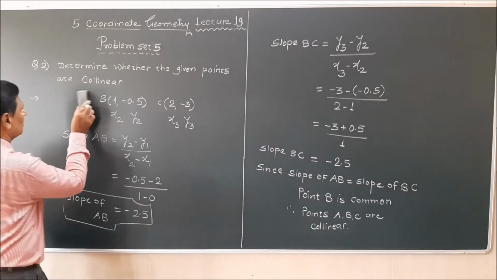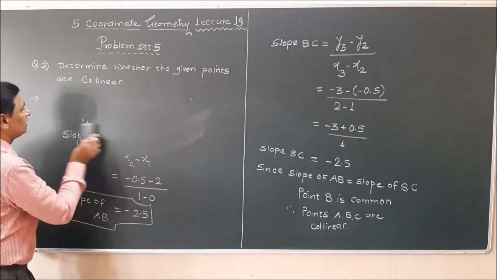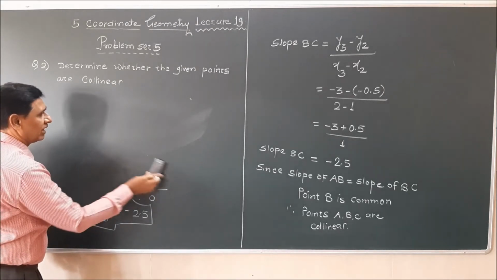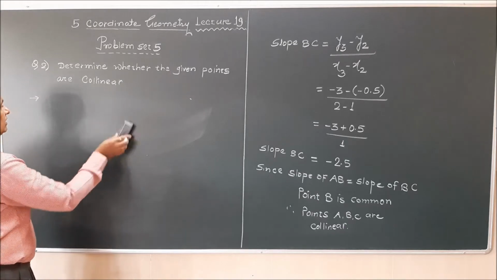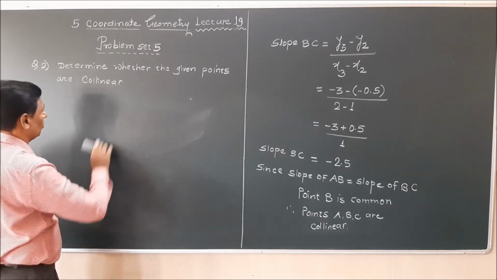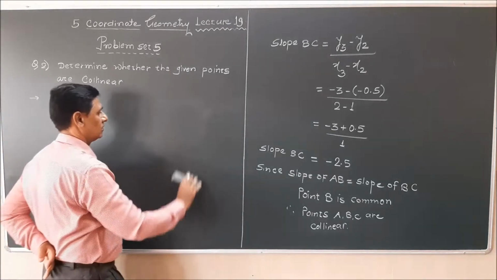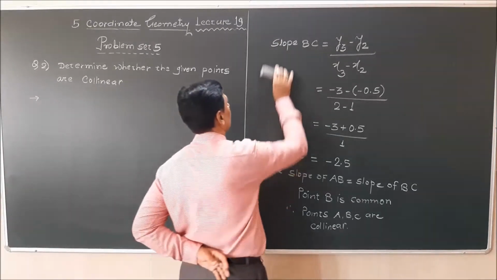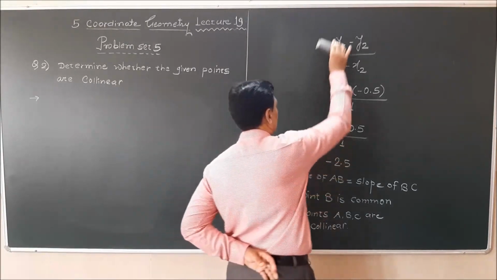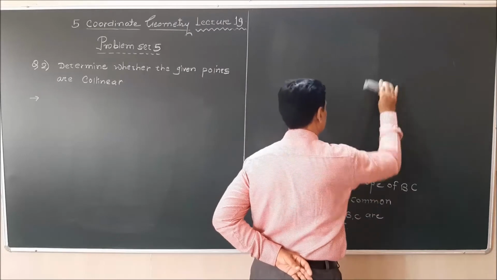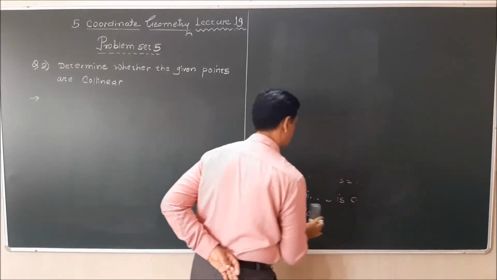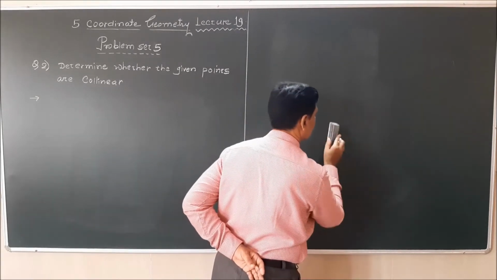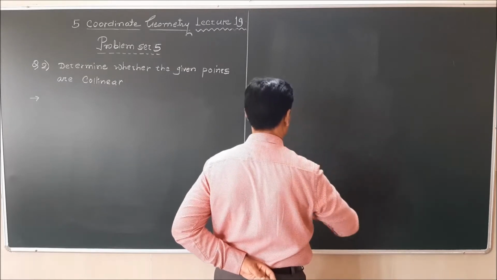Now, second question. In this case also, we have to find out the same, whether the points are collinear or not. In the second sum as well as in the third sum also, we are going to use the slope formula only.